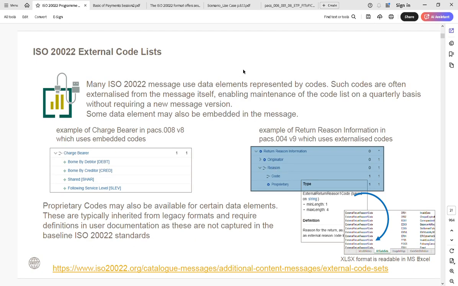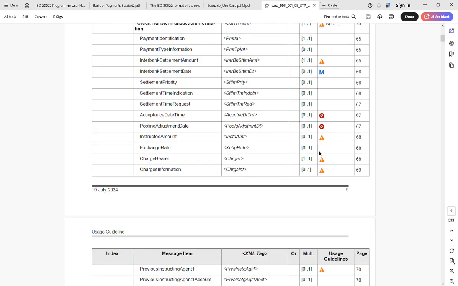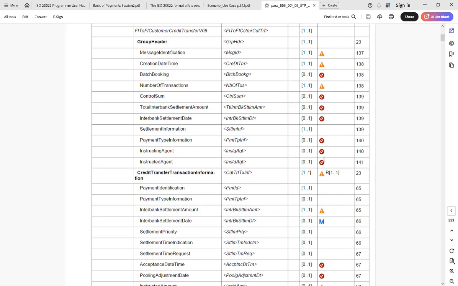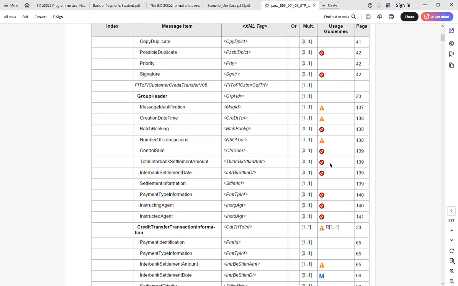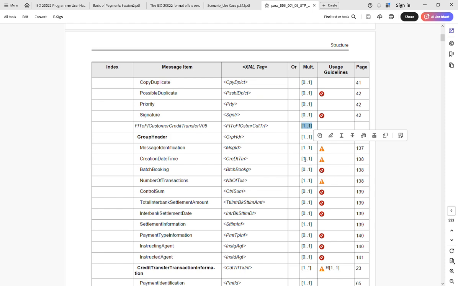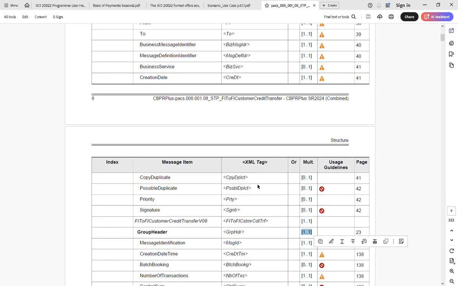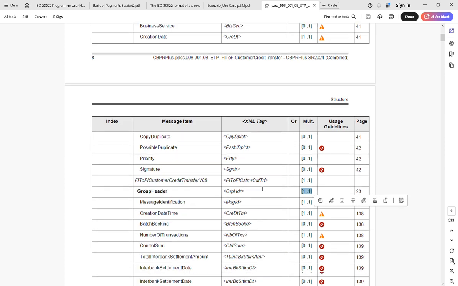Why I opened this message is to show you that there are fields you can see here. These elements, and we are no more calling them fields, we are calling them elements. For example, here you can see 1..1. It means that this is a mandatory field. It should be there in your ISO 20022 pacs.008 message. This is pacs.008, which is the customer credit transfer.